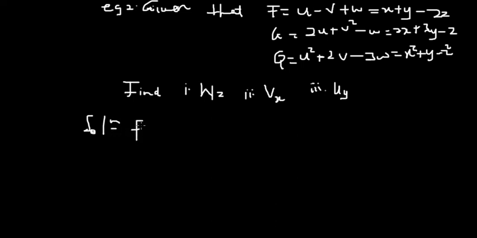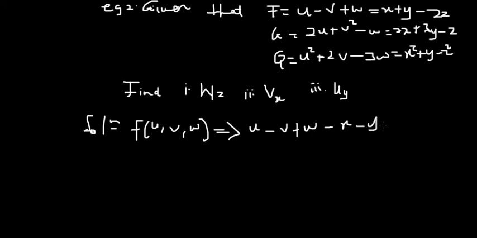So we know that f of u, v, w gives us u minus v plus w, minus x minus y plus 2z equals 0. That's for f. Let's look at g.